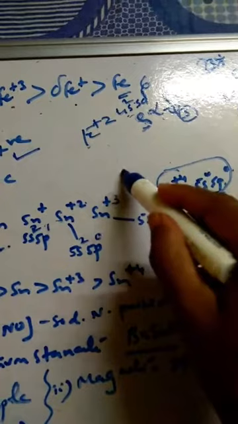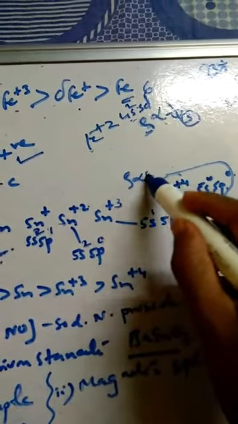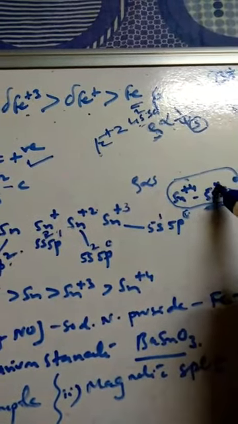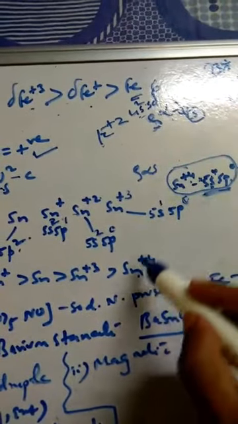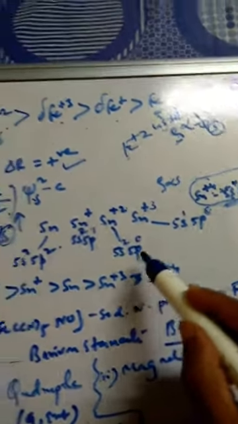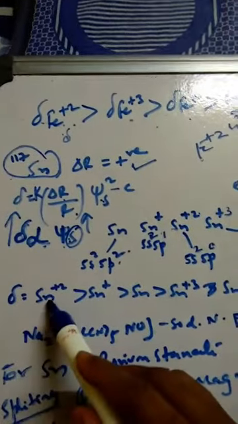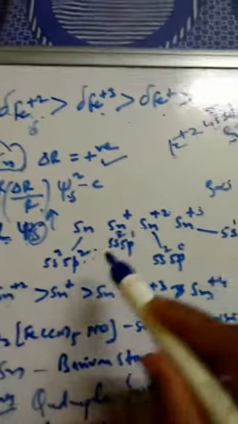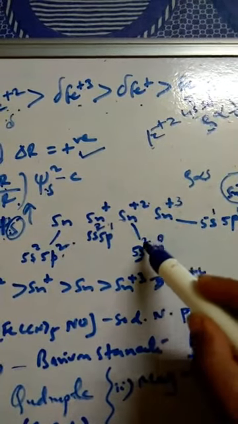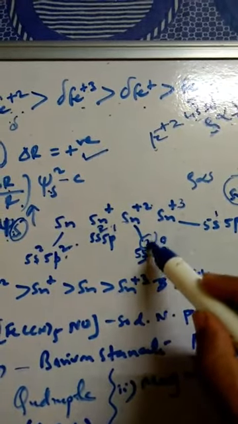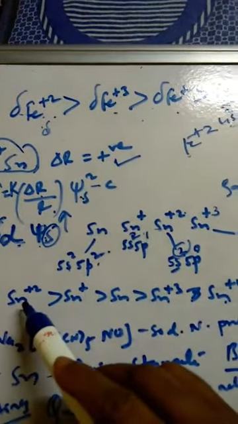Since the isomer shift is directly proportional to s, and there is no electron here, this will come least. So you can see Sn+4 has the least isomer shift, and a very high isomer shift we can see in Sn+2. Here p is 0 and the electron density in s is very high, so Sn+2 comes highest.